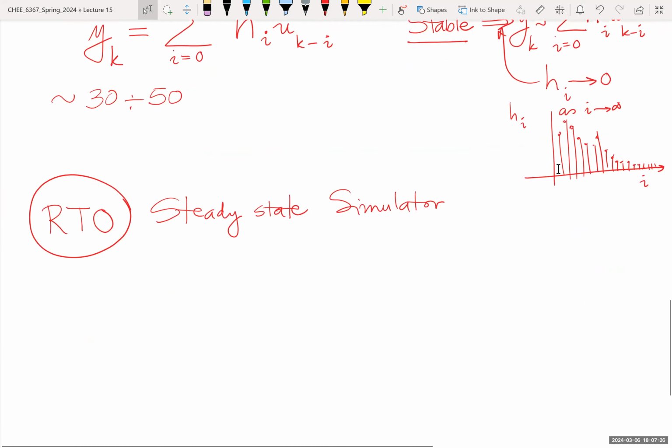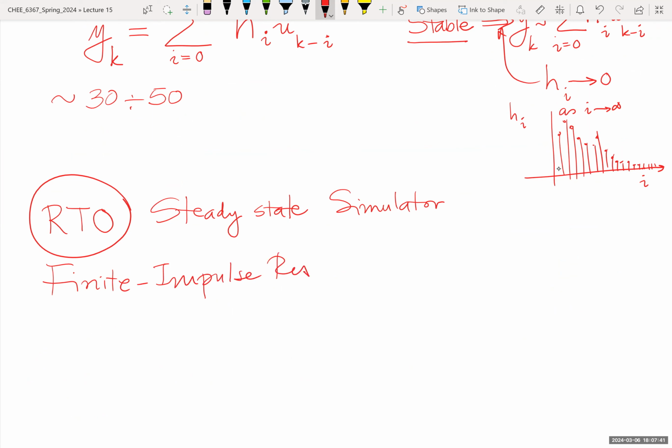This model is called an FIR model, as I'm indicating in the notes, and FIR stands for finite impulse response model, or FIR.